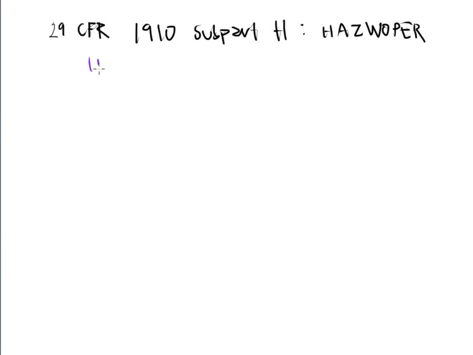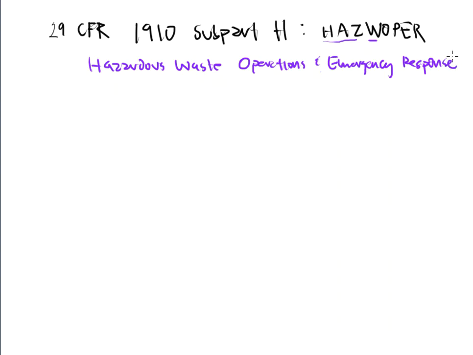The HAZ is the hazardous, the W for the waste, O stands for operations, and the E stands for emergency, and the R stands for response. So hazardous waste operations and emergency response. That is what 29 CFR 1910 Subpart H is going to give you details on.